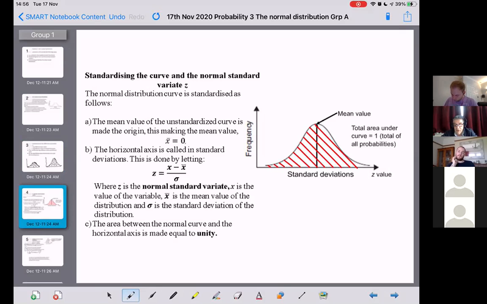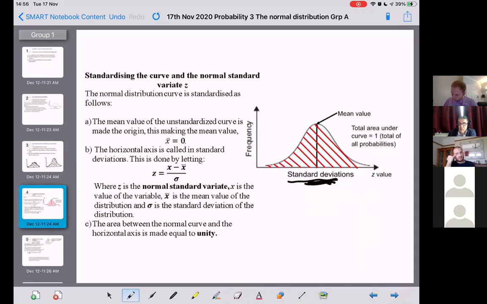This makes the mean value of x equal to 0. So what we're saying is on this bottom scale down here, we're measuring how many standard deviations we are away from the mean.